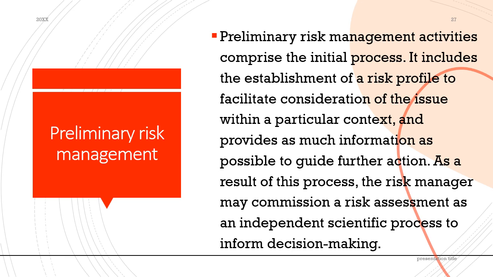It includes estimating the risk profile, considering the issue within the particular context, and providing as much information as possible to guide further action. As a result of this process, the risk manager may commission a risk assessment, an independent scientific process, to inform decision making.